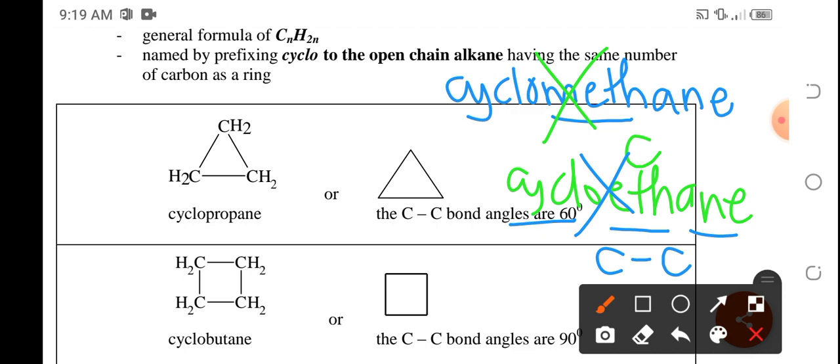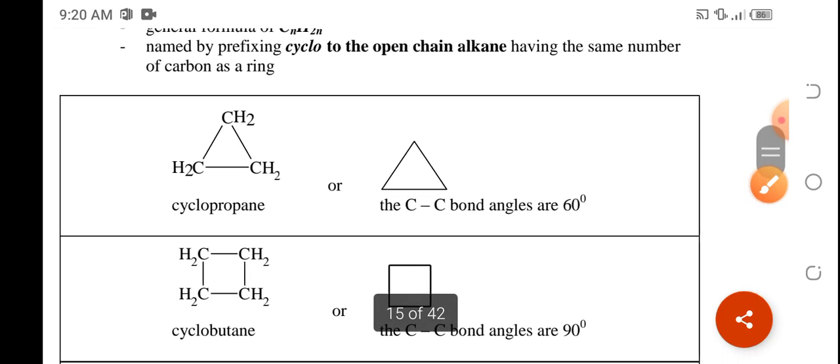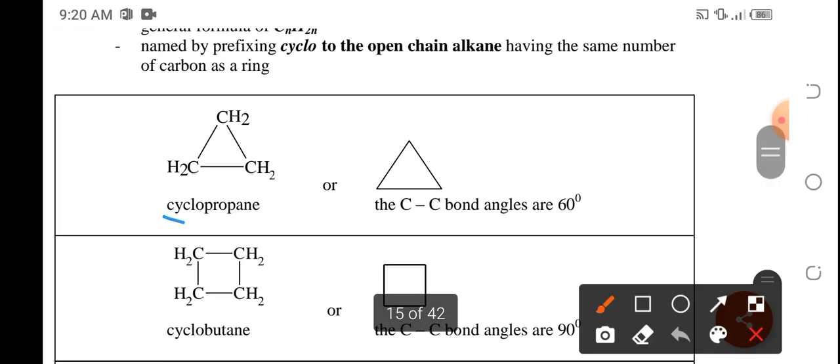Hindi mafo-form ang cyclic structure if there's only two carbon atoms. Okay? So, laging tatandaan, walang cyclomethane at walang cycloethane. Rather, ang simplest ay cyclopropane, having three carbon atoms.